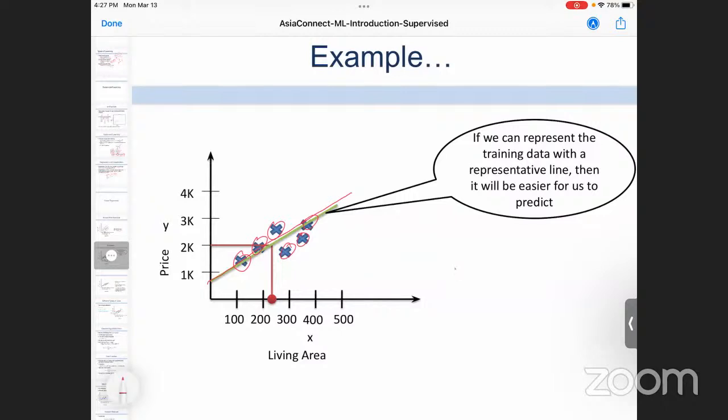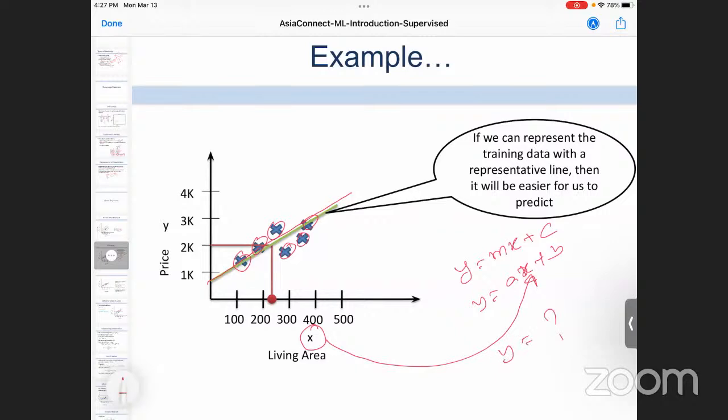What is this line? Like in primary school math, you know this equation, right? y equal to mx plus c. This is a straight line. Or y equal to ax plus b, the same thing. If you know the values of the parameters, then it is easy to predict y.